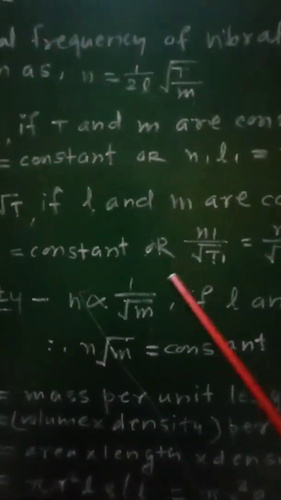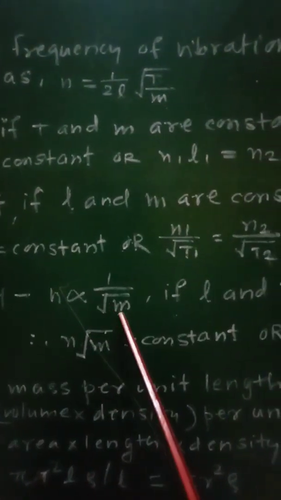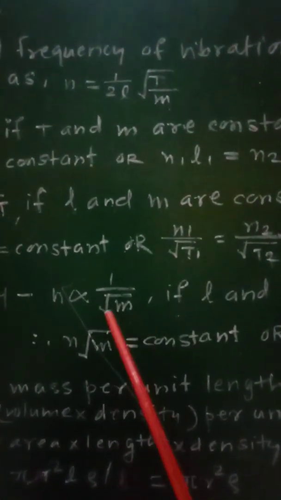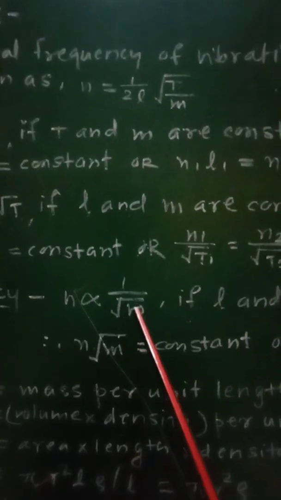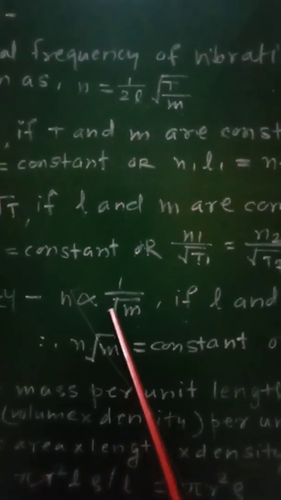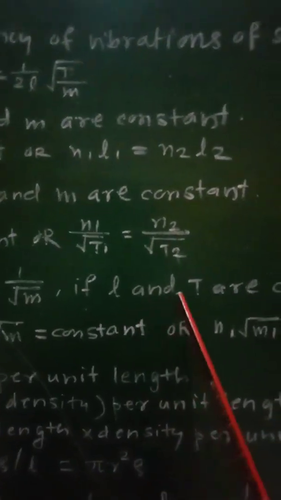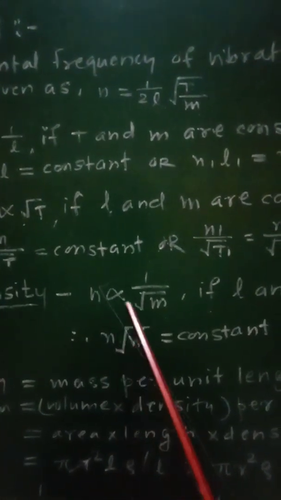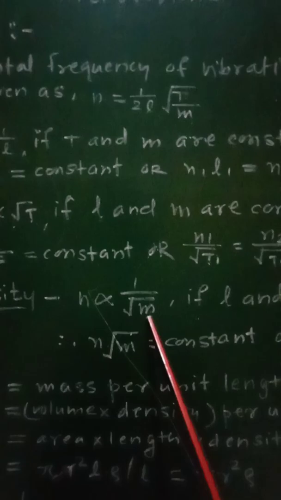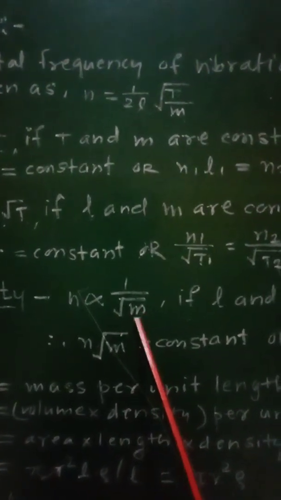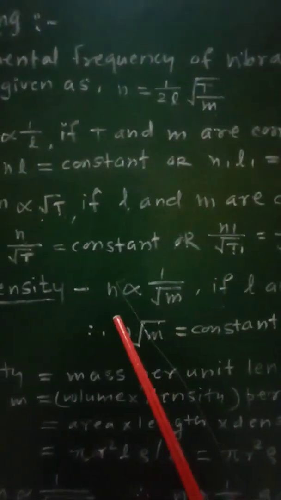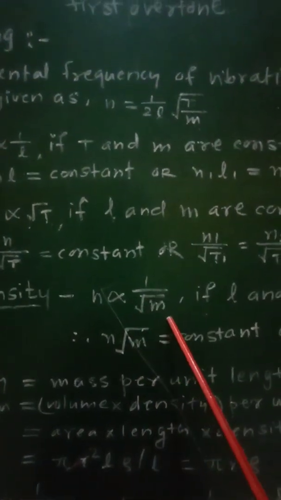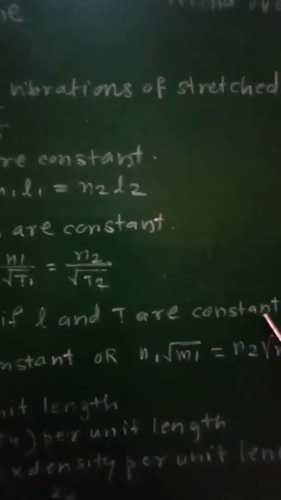It will be stated as the fundamental frequency of vibrating string is inversely proportional to square root of mass per unit length or linear density of the string if vibrating length L and tension T are constant, and therefore we can write n proportional to 1 by root M if L and T are constant.